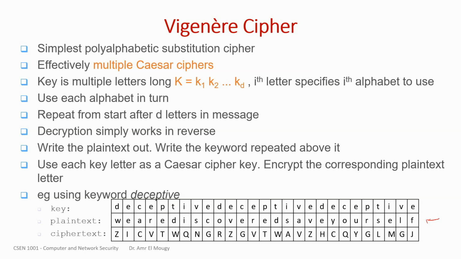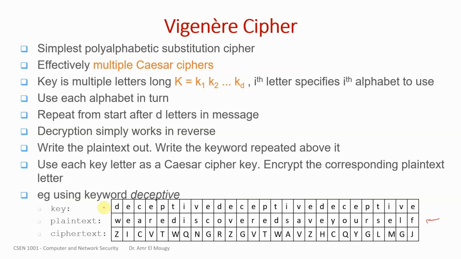The last letter of the key doesn't have to correspond to the last letter of the plaintext. You can write two keys and a half, or two keys and three quarters. You just write as many key letters as you need to encrypt your plaintext, regardless of how long it is.